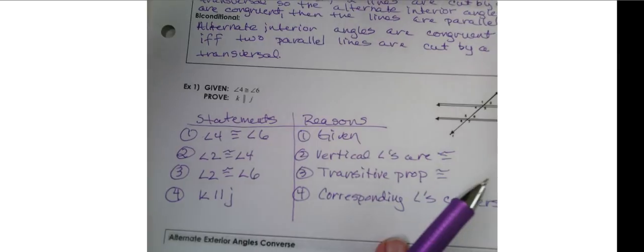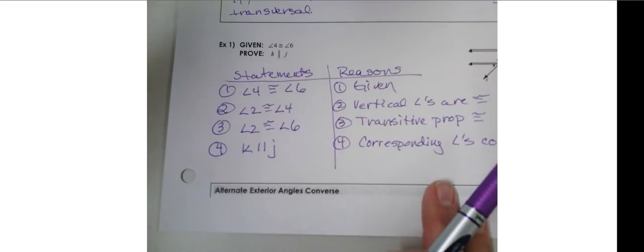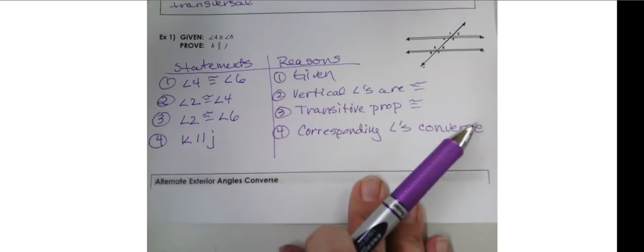Oops, wait, we need to do down here the alternate interior angles converse. It kind of got cut off there at the bottom, but let's go ahead and do that definition.